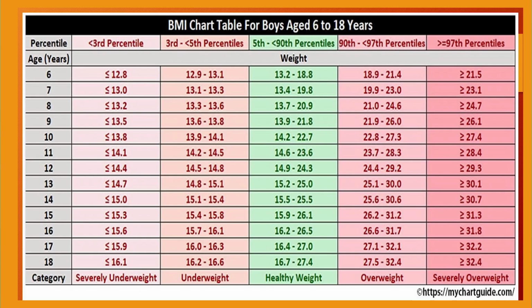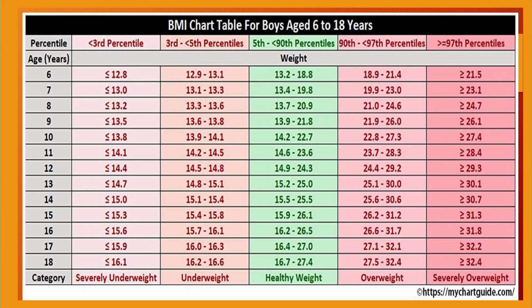That is the category where you will find that the child is healthy. Once it goes beyond 24.3, that means 24.4 to 29.2, then it becomes overweight, and when it goes beyond 29.3, or beyond 30, it is severely overweight. It is called a severely overweight child.